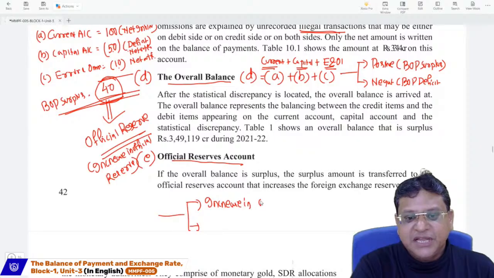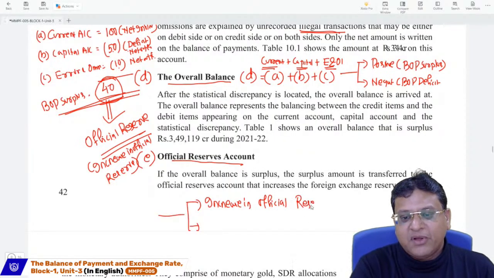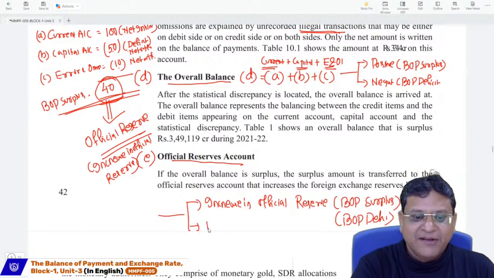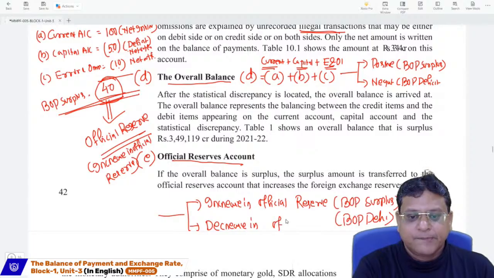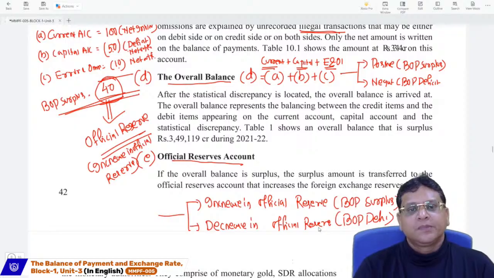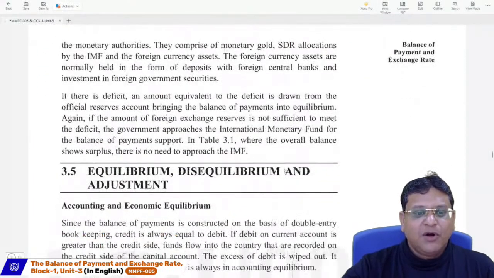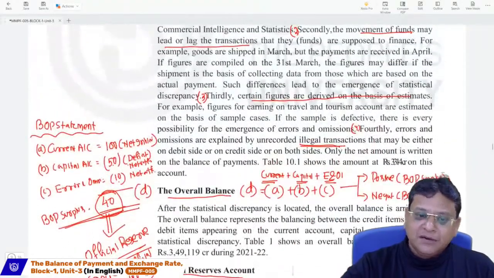Increase in official reserve will occur when there is BOP surplus. If there is BOP deficit, it will result in decrease in official reserve. Okay, so these are different components of BOP of a country.